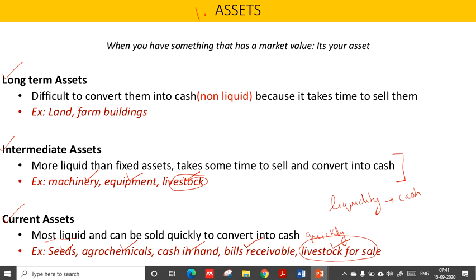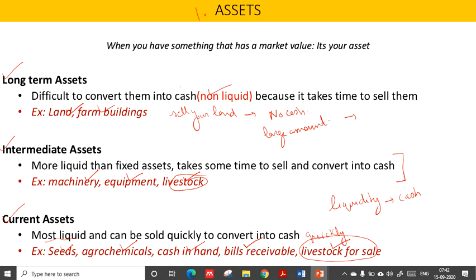Then come long term assets, which take a lot of time. These are also called non liquid. They take a lot of time to sell and get converted into cash. Examples are land and farm buildings. Let's say you decided to sell your land. It's not very easy to sell because the buyer does not have cash of such a large amount readily available.